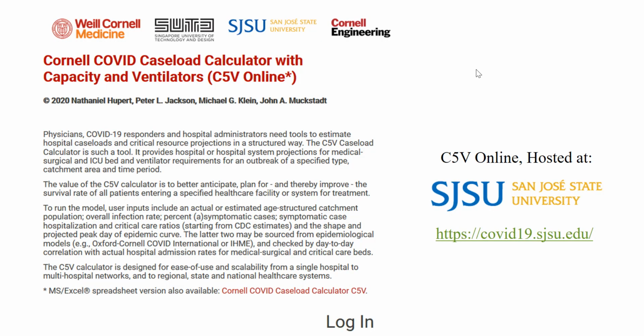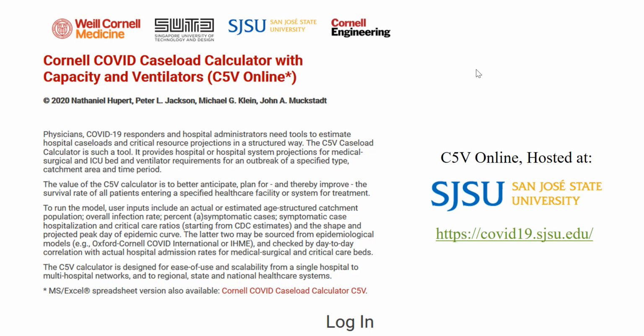We have been developing a system called the Cornell COVID Caseload Calculator with Capacity and Ventilators, the C5V. Originally, we created a spreadsheet version of the C5V, and that model is still available on the Weill Cornell Medicine website.